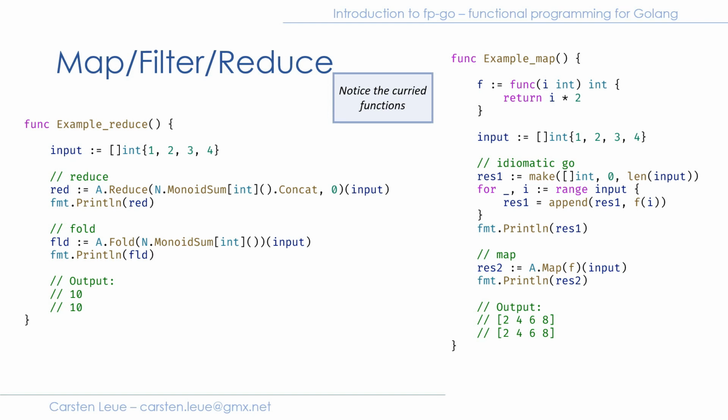At the left-hand side, we see another example of the reduce function. It follows the same concept. In the first part, a reduce function takes a function that combines two subsequent values and a start value. So in the first case, we use the concat function of the sum monoid, which is just the plus operation, and we start with the value of 0, and reduce then computes the sum over all integers.